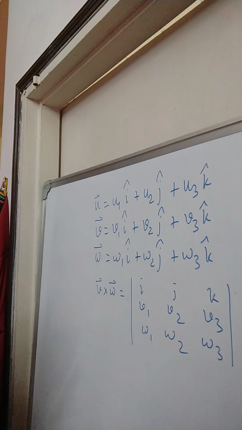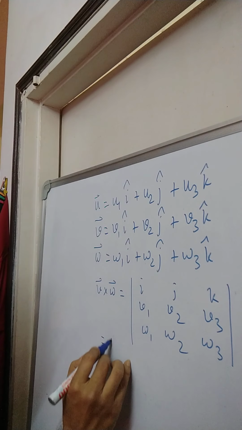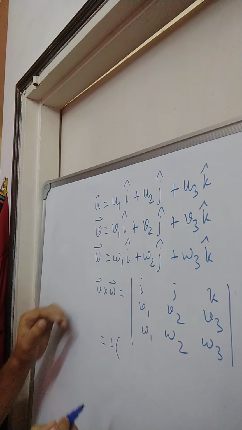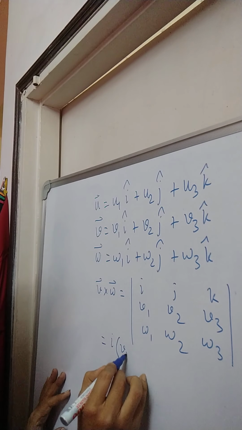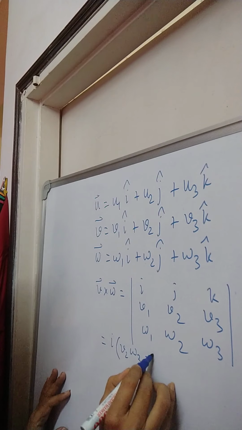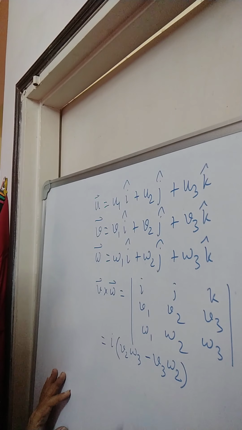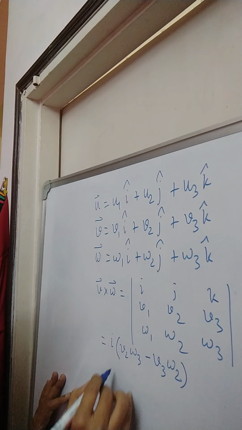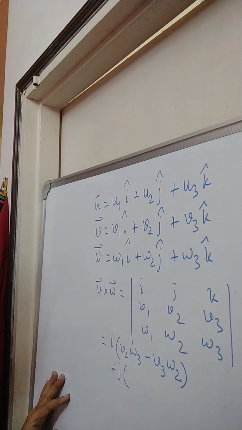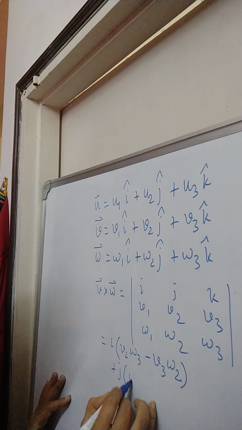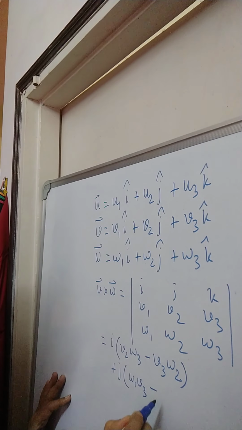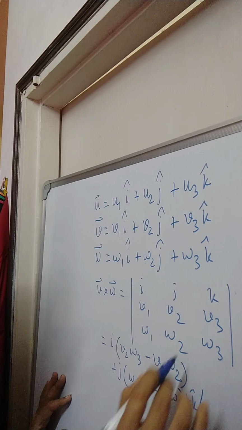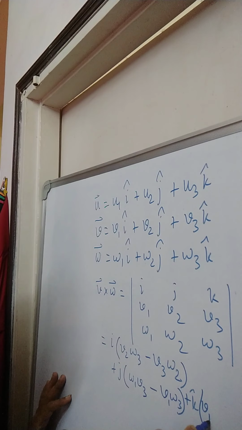So, what will be U dot V cross W? Let us first calculate V cross W. V cross W will be i times (V2 W3 minus V3 W2), plus j times, in the reverse order, (W1 V3 minus V1 W3), and then the k component is V1 W2 minus V2 W1.